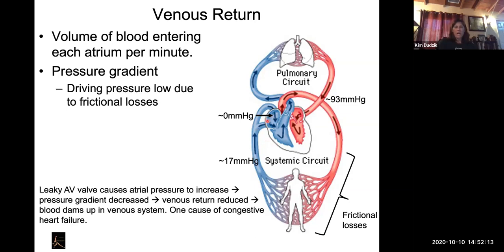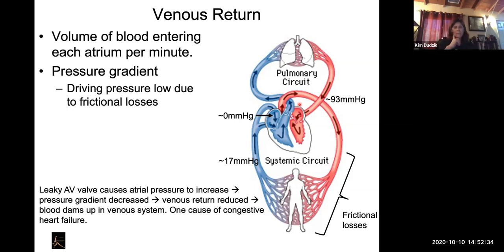And right at the opening of the atrium, it's about 0. But that's a pressure gradient, 93 to 0. This is the reason why blood flows from the left side of the heart to the right, because the left side of the heart is very high pressure, the right side is low. And so that's why you always get that circulation.